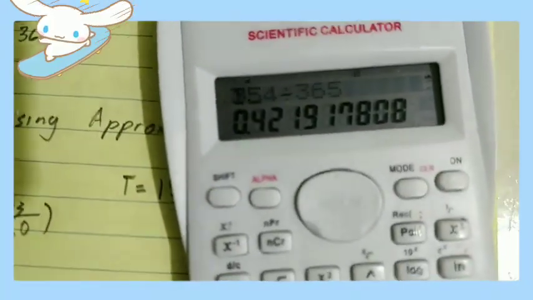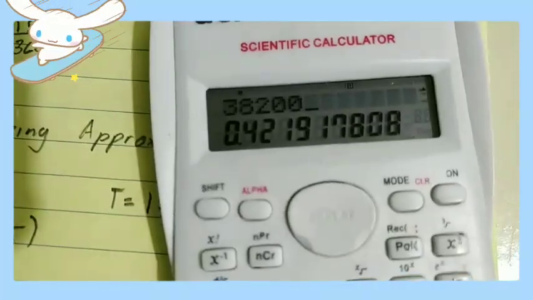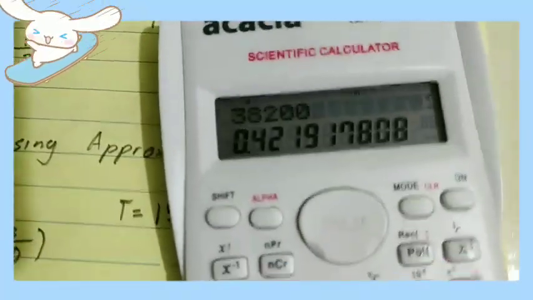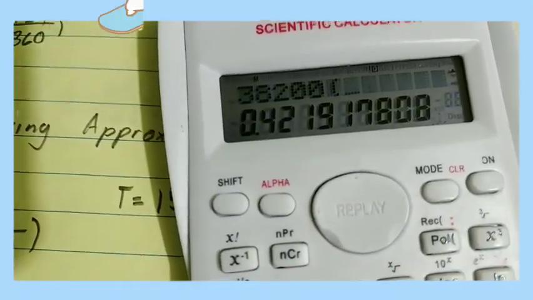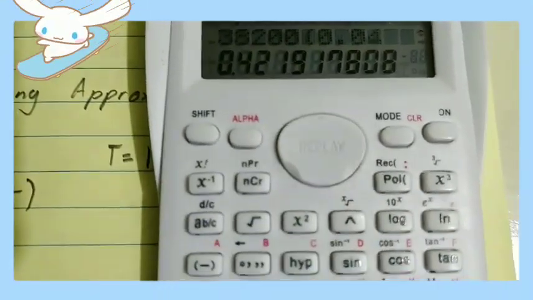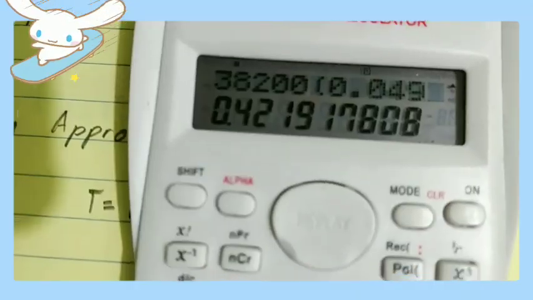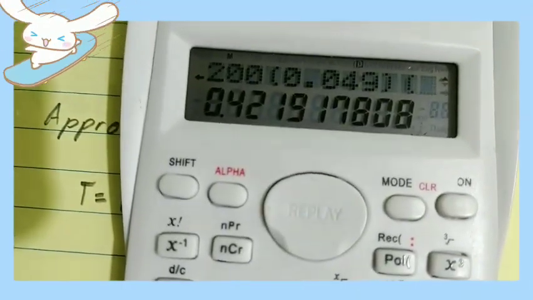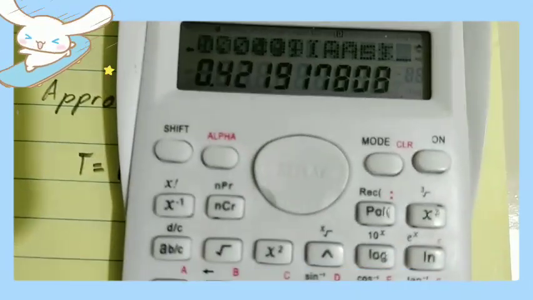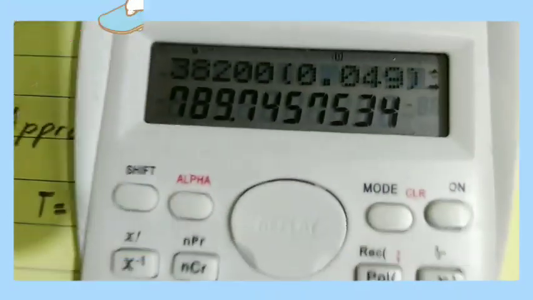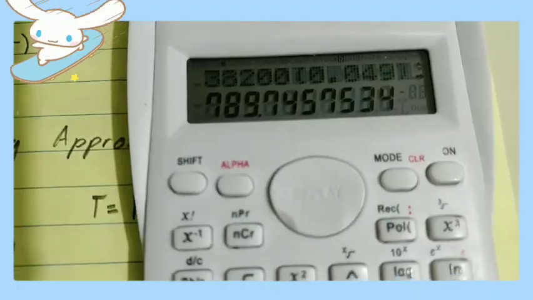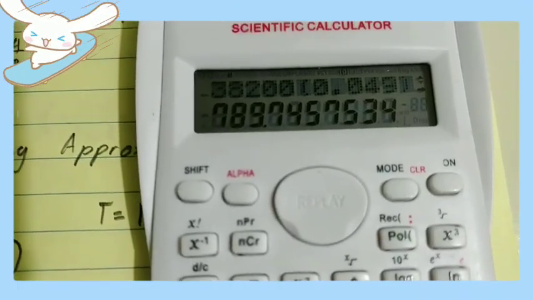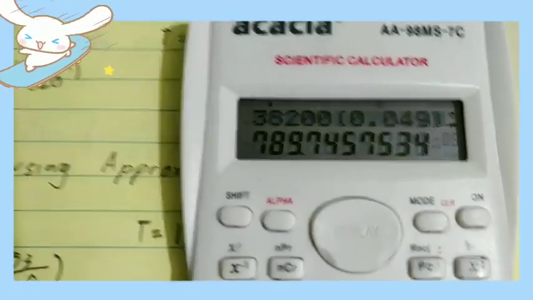And quickly press 38,200 and open parenthesis 0.049, close parenthesis, and answer equals to 789.74. There.